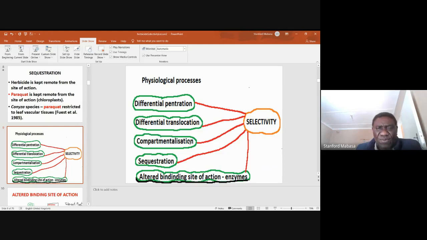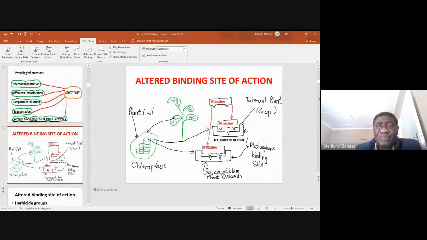So we want to focus on the groups of herbicides where the enzymes are important. Basically, I will use a certain model to explain our general understanding of the role of enzymes in bringing about selectivity.